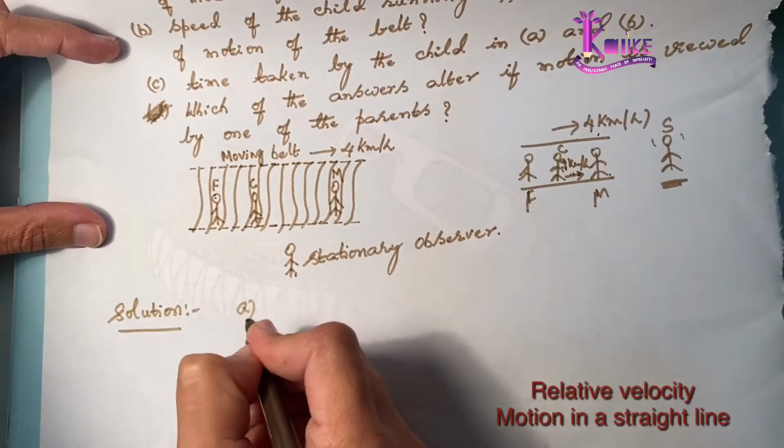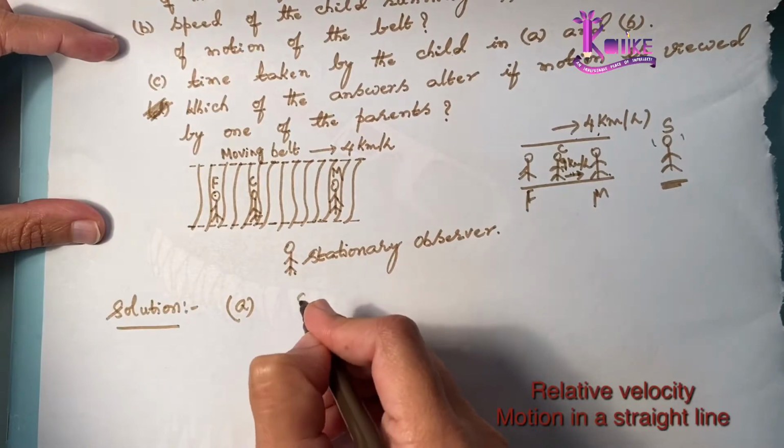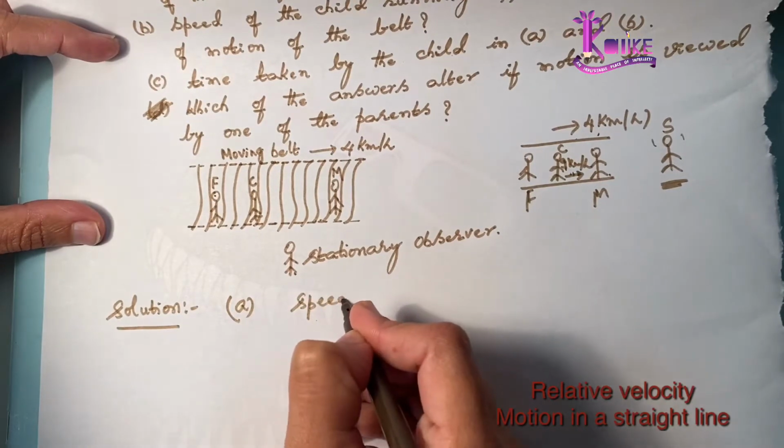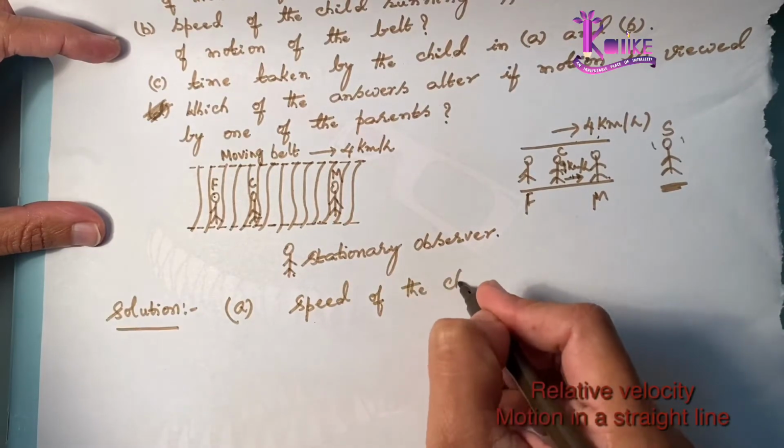So in this case, the solution would be case 1, that is A: the speed of the child according to the stationary observer, right?